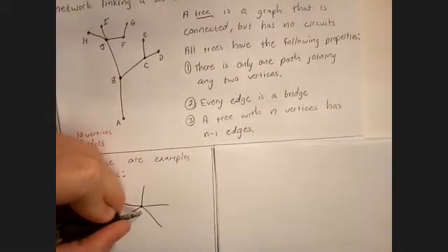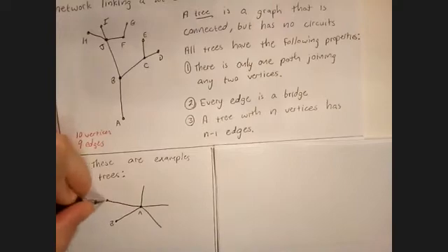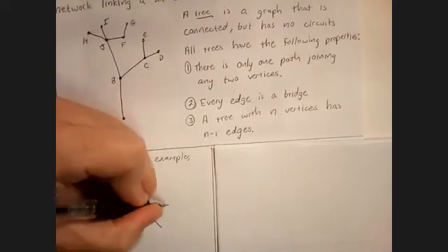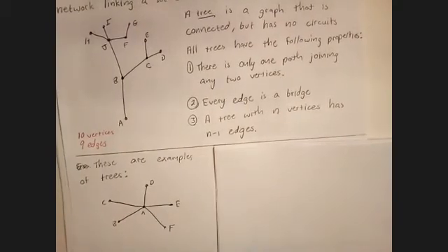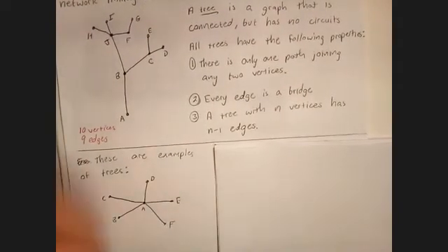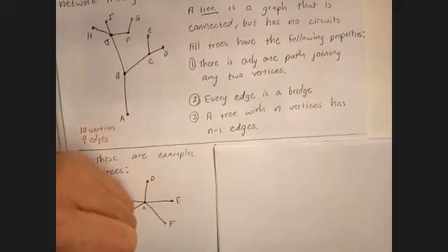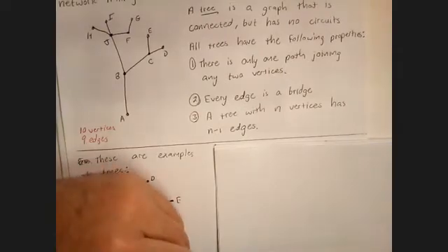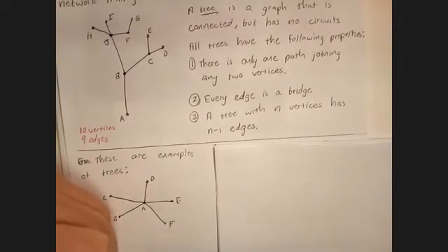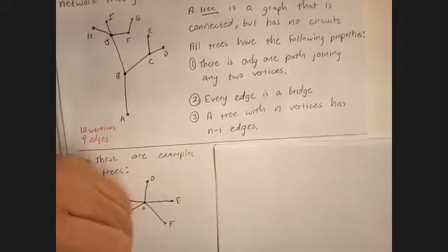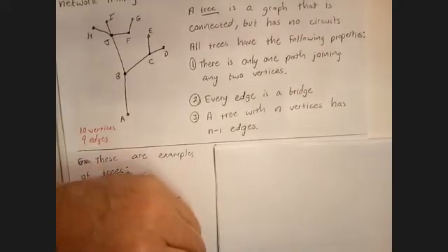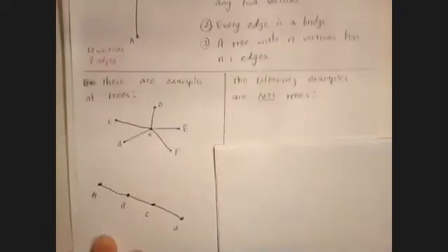So we'll call this part A, B, C, D, E, F. So that's one. And then you also could have something that looks like this. I'm going to just draw my vertices. A, B, C, D. And so it could almost look like a straight line or a zigzag line or something like that.